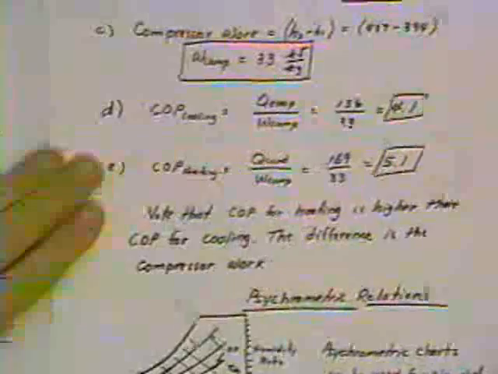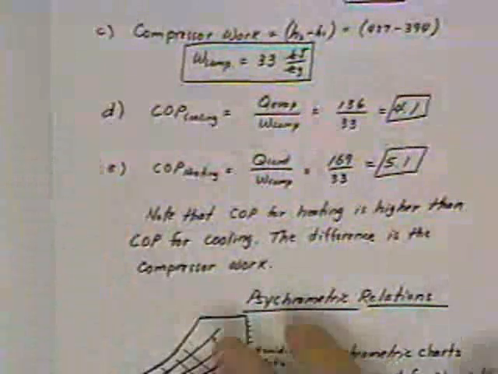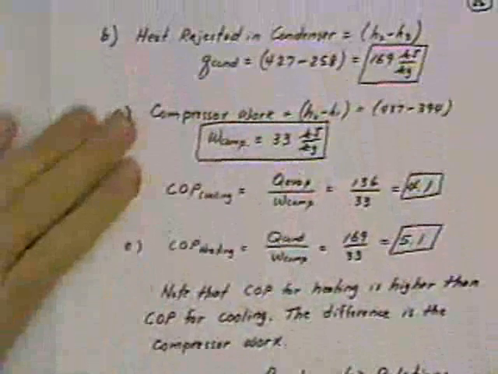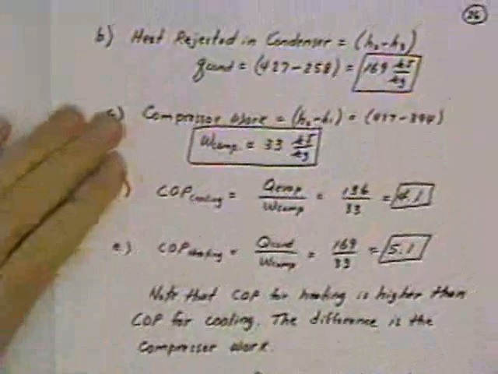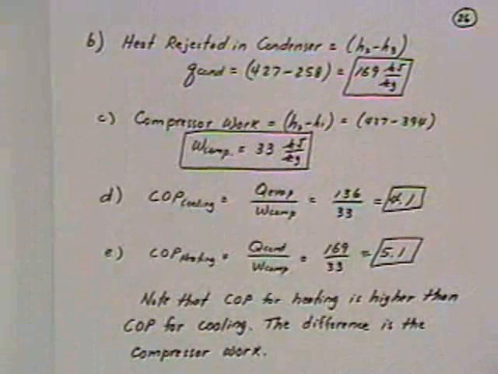Okay, as we complete our cycle analysis and go around this thing, we want to find the heat rejected in the condenser, the compressor work, the coefficient of performance for cooling, and the coefficient of performance for heating. Heat rejected in the condenser is going to be H2 minus H3, so Q in the condenser is 427 minus 258, which is 169 kilojoules per kilogram.